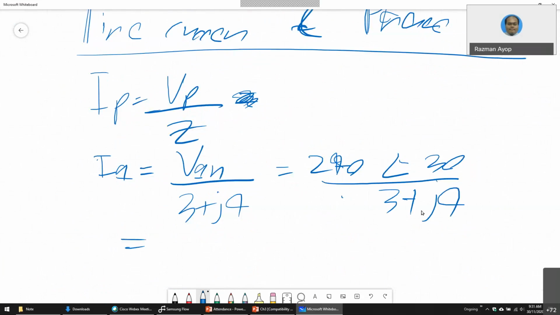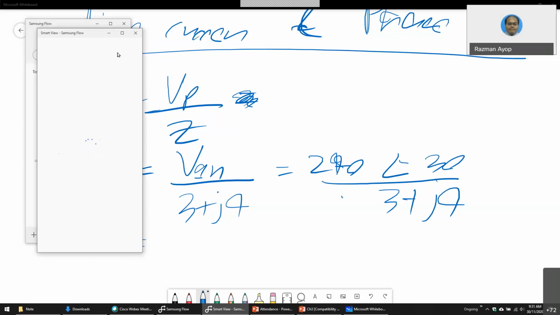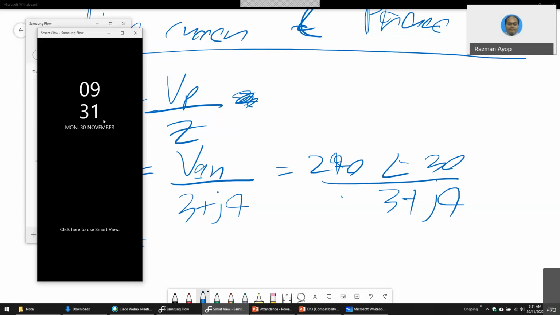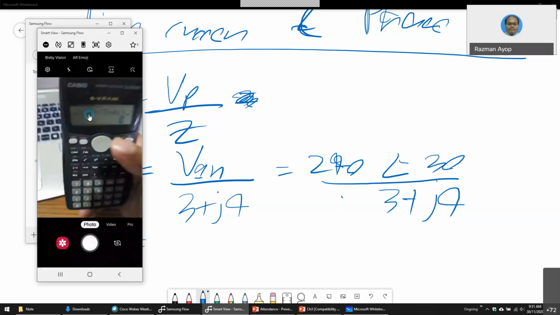Just use your calculator, and make sure you bracket the answer: 240 angle negative 30 divided by 3 + 4i.